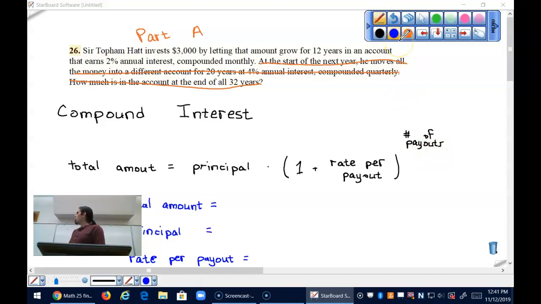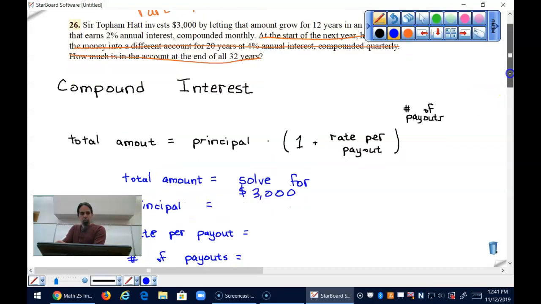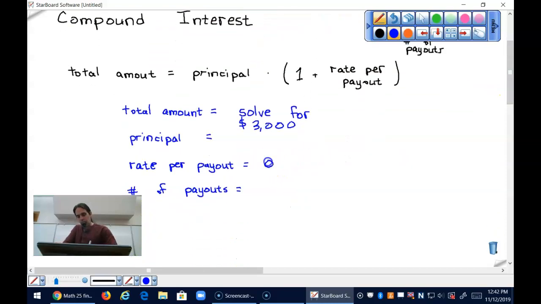So as before, the blue words are the tricky part. The total amount, that's what we're going to solve for. The principal was 3,000. The rate per payout, it's 2% per year.